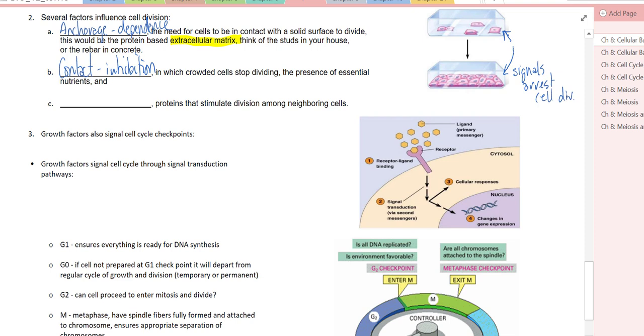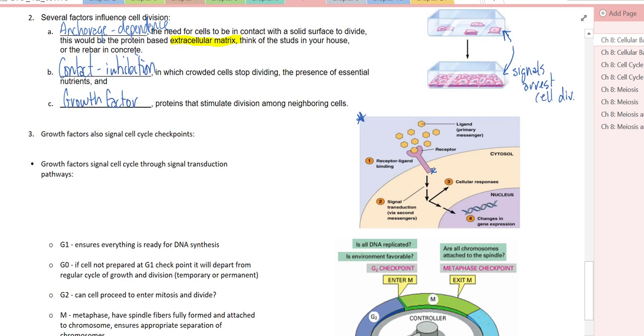And lastly are a group of proteins, including growth factors. And these proteins, much like hormones, cause these signal transduction pathways that we talked about before. These signal transduction pathways stimulate cell division, and that can be driven by neighboring cells. So neighboring cells release these growth factors, and growth factors bind onto the receptors of neighboring cells.